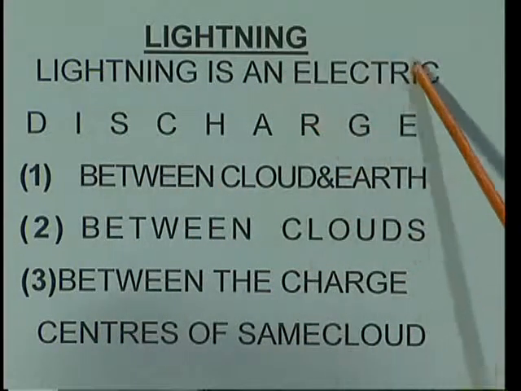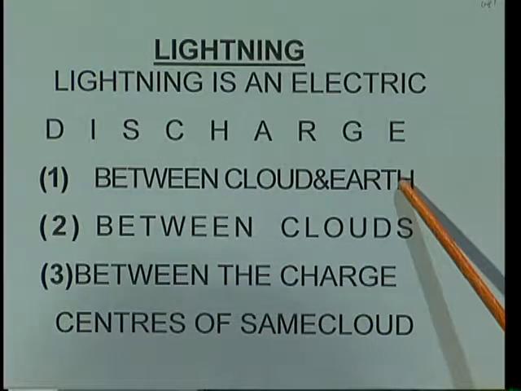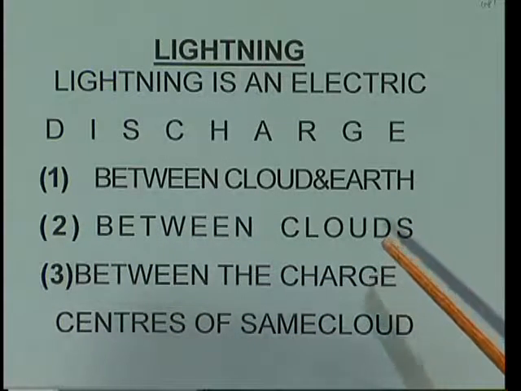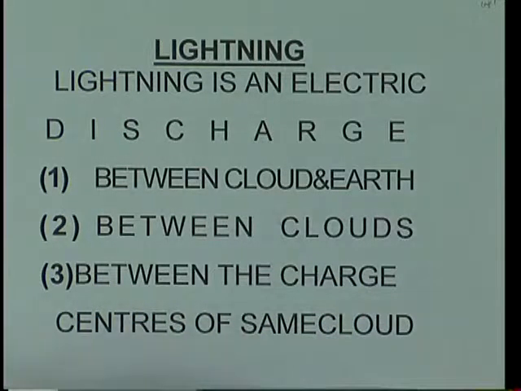So, between which parts does lightning take place? Lightning is an electric discharge between cloud and earth. Second, between clouds, lightning also takes place. Third, between the charge centers of the same cloud. Suppose there is a cloud and it has some charge concentrations; between these, lightning also takes place.